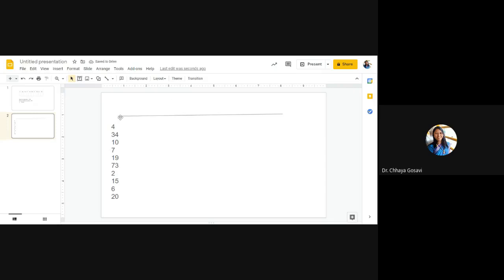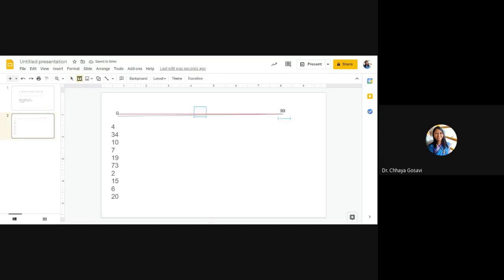What is your starting point? Total number of cylinders are 100, so starting point is 0 and end point is 99.